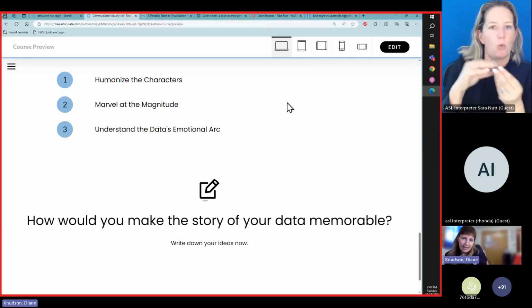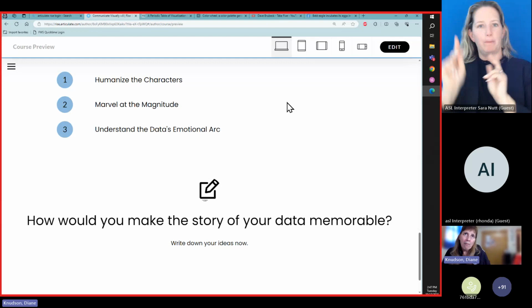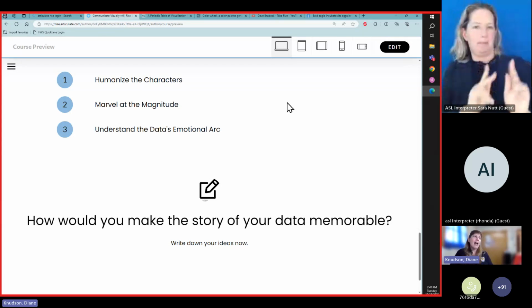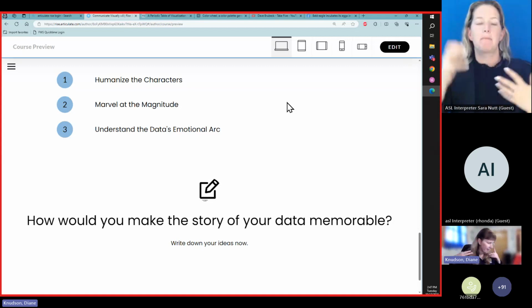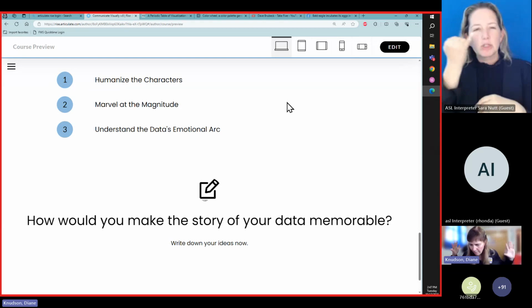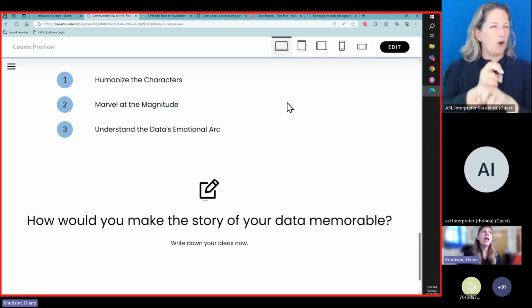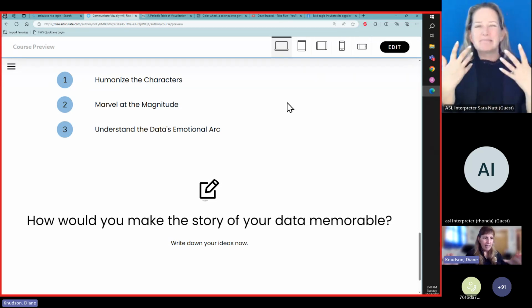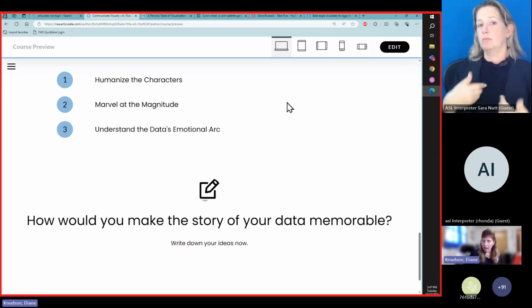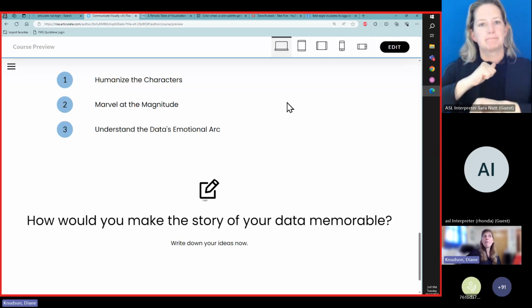The second way is to do what she calls marvel at the magnitude. And by doing that, that's if, let's say you have a concept or something that's difficult to imagine or get your head around. If you can give something concrete, like, let's say, I'm just making something up here.